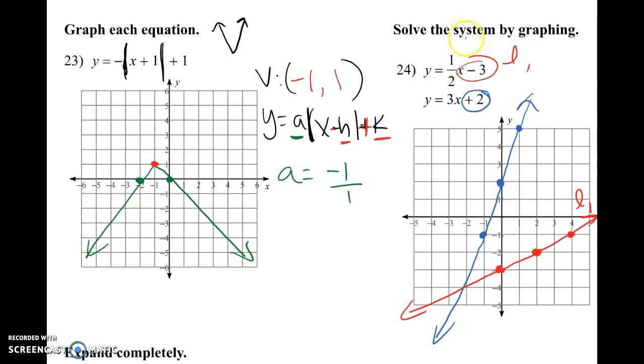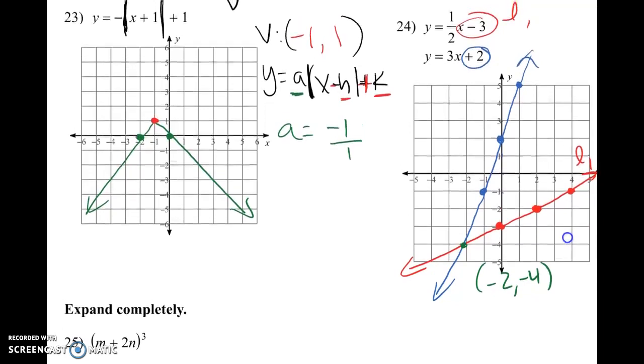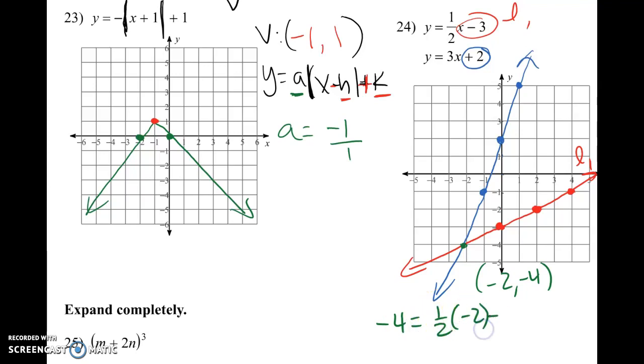Now, when it says solve the system, we're looking for the point of intersection. So my graph looks a little off, but the closest point to that would be -2, -4. And I can check my work to make sure. So I'm going to plug these back into the original and get -4 equals 1/2 times -2 minus 3.